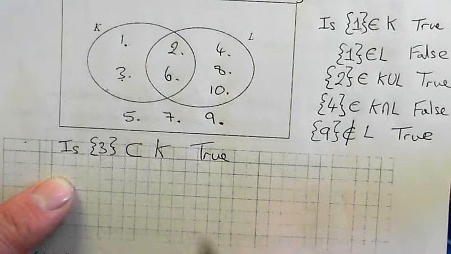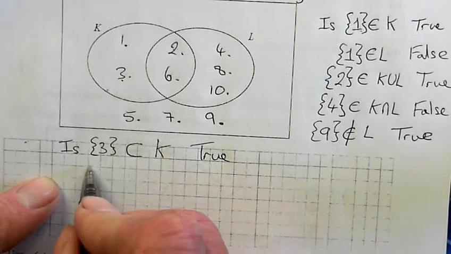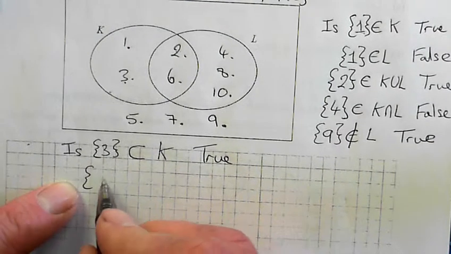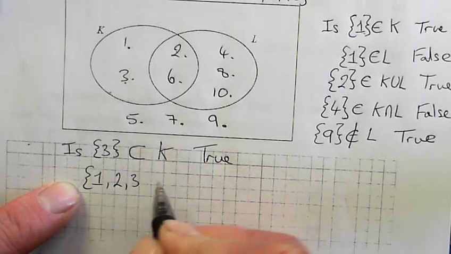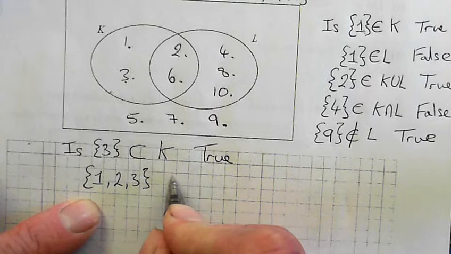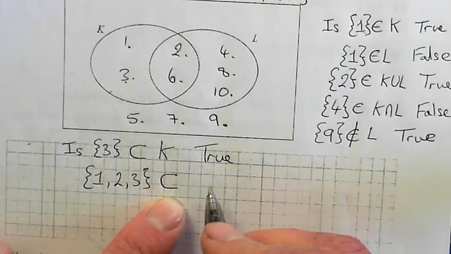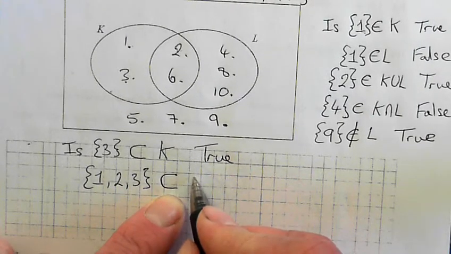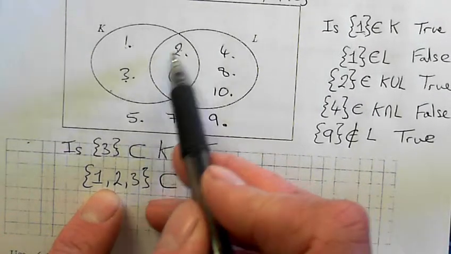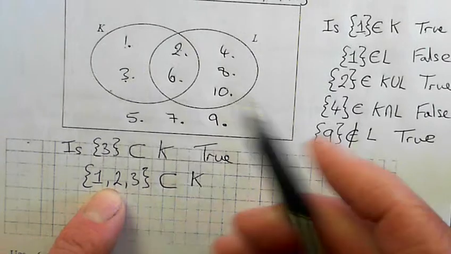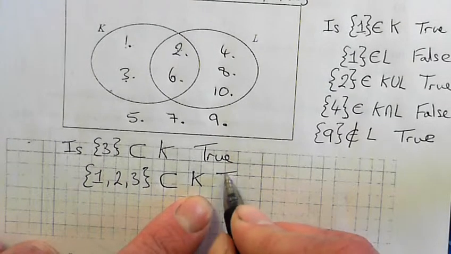It's true. Right. Are 1, 2, and 3 elements contained inside K? 1, 2, and 3. Are they inside the set K? It's true.